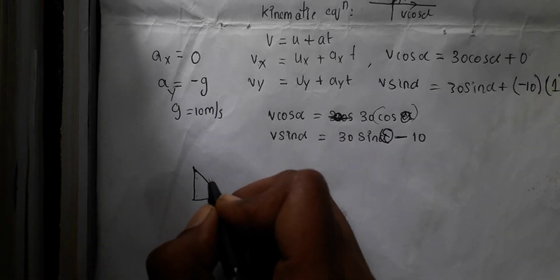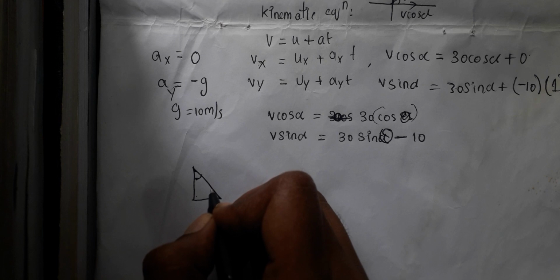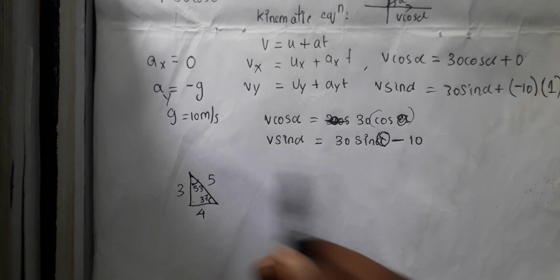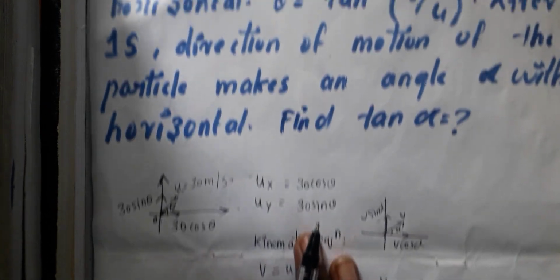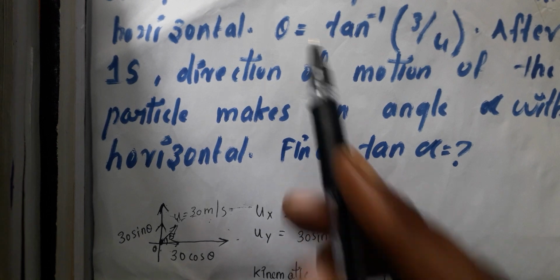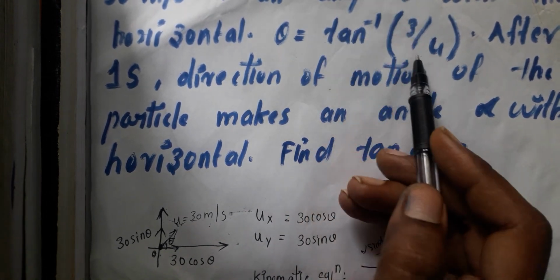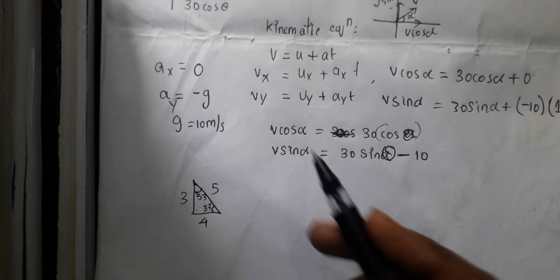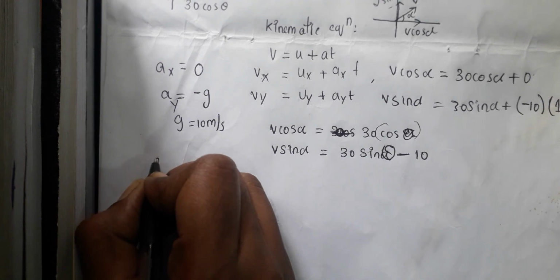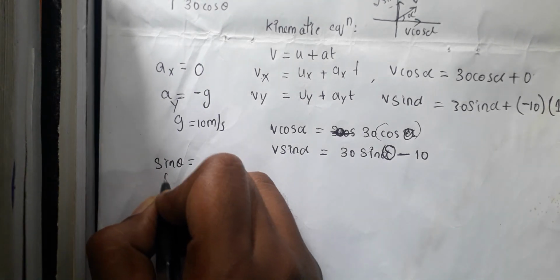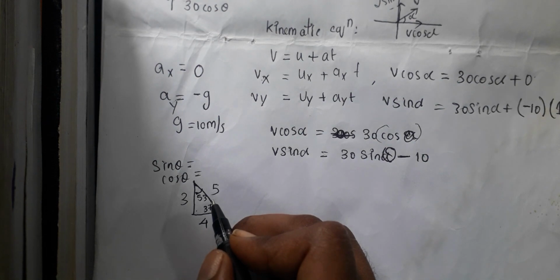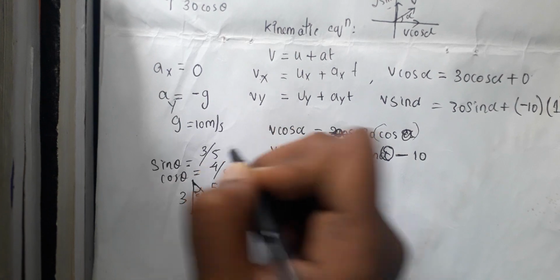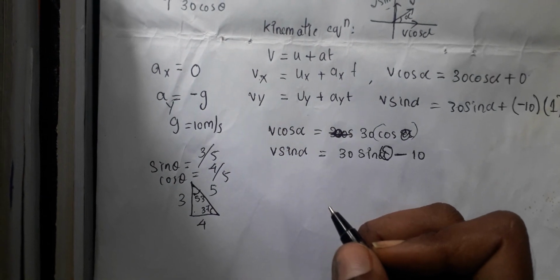Here we take the 3, 4, 5 triangle because it is given in the question that theta is tan inverse 3 by 4. From this we can obtain sin theta and cos theta. Cos theta is the adjacent side divided by the hypotenuse, and sin theta is the opposite side divided by the hypotenuse.